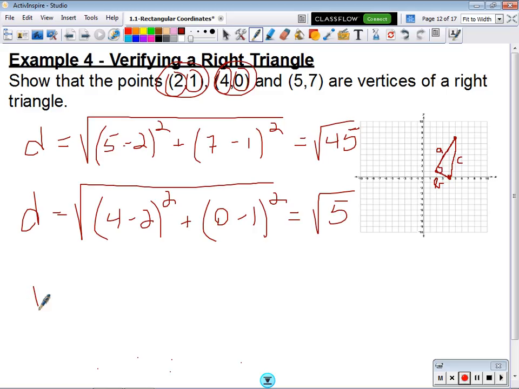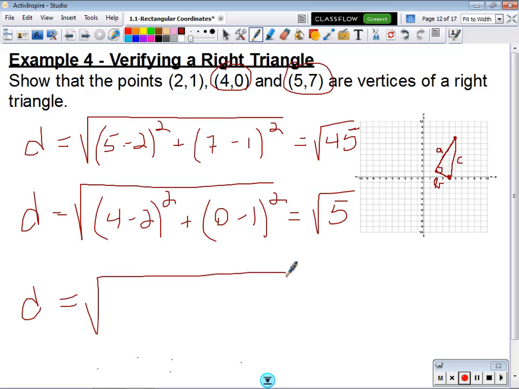And then finally I have side C, which connects the two points 4, 0 and 5, 7. So when I go to do the square root of that, first x2 minus x1, so this will be 5 minus 4 squared, plus y2 minus y1, so this will be 7 minus 0 squared.